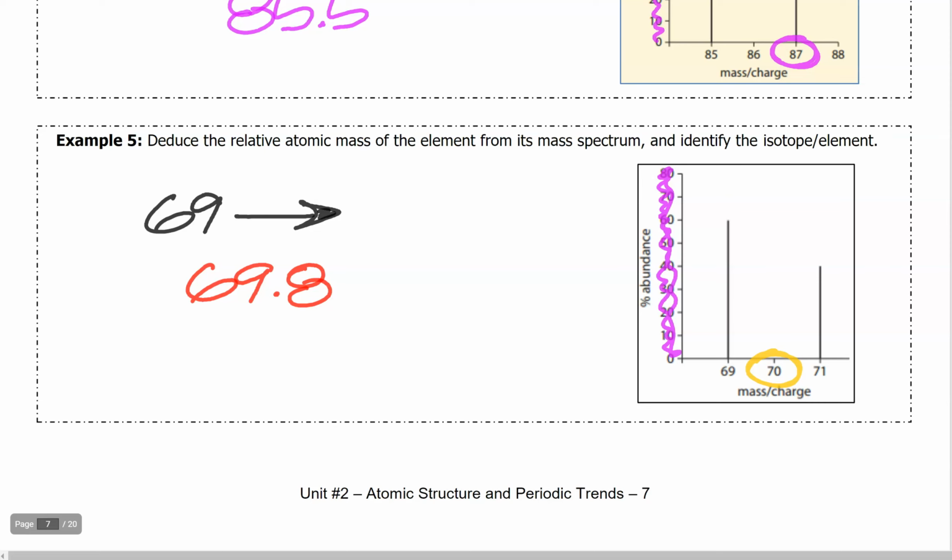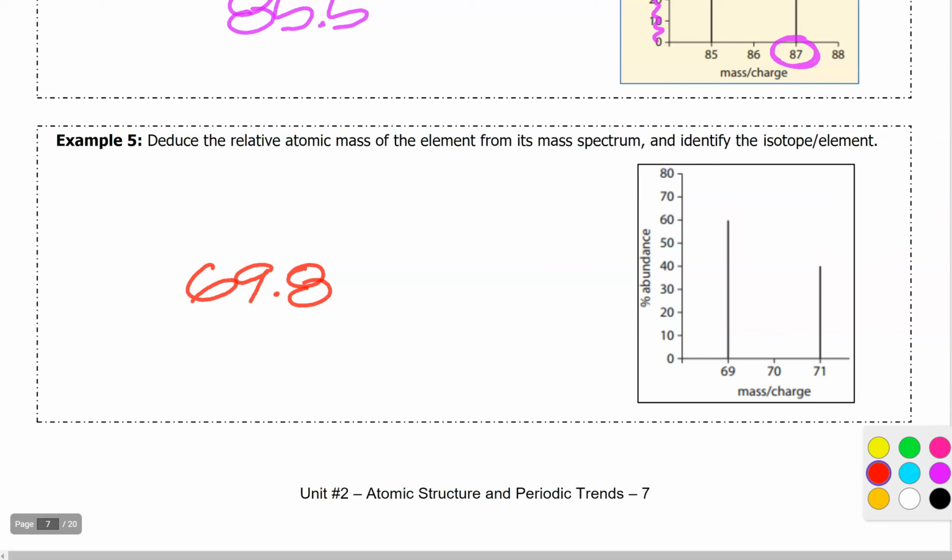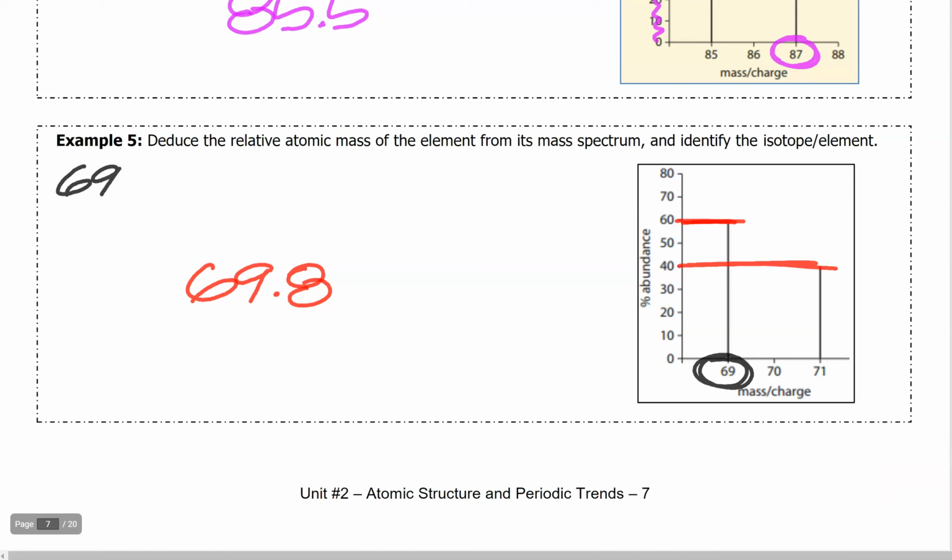All right, so let's verify. Let's do the math. And let's kind of see if we were right. We put down a number. Let's see what it is. So first of all, we got to look at these percents and kind of come up with an idea. So when you're looking at this, you kind of take this across. It looks like about 60 and it looks like about 40. So we'll just kind of go with those numbers, 60 and 40. So I'm going to take the mass at 69, and I'm going to multiply that by 0.6.